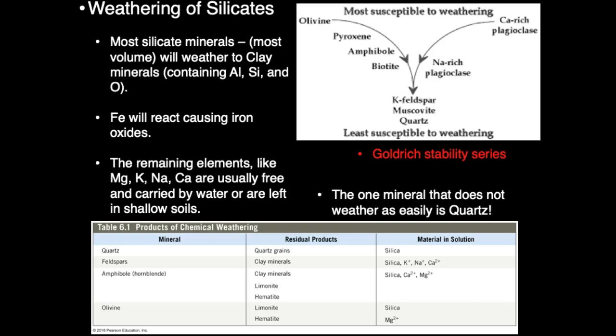All right, so the table above lists the weathered products of some of the most common silicate minerals that we have. Again, silicate minerals make up 92% of Earth's crust and are made up mainly of 8 elements, as I've repeated in the last few lectures.